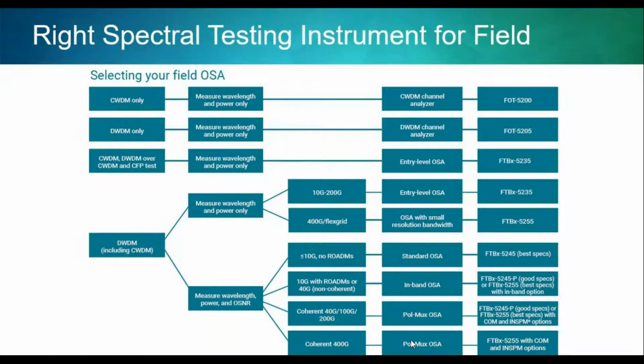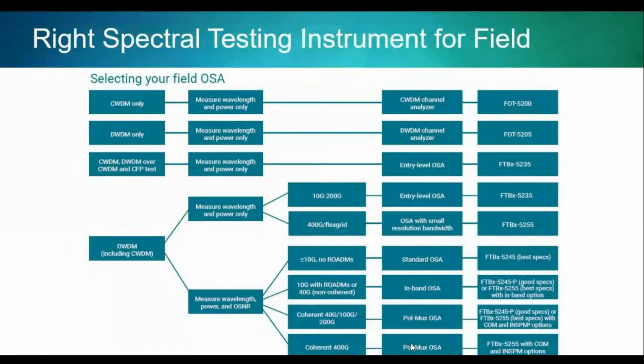If you're looking at systems with higher data rates, potentially flex grid, well, then you'll basically need something that has a very small resolution bandwidth or the highest precision, and you're looking there at a high-end OSA like the 5255, right? So this slide here, I'll make sure that it's available as a reference through Eric. I'll share that, and he'll be able to make it available if you want to, in terms of reference, in terms of the different instruments as the answer to the questions in terms of what are the requirements for your field testing. All right.